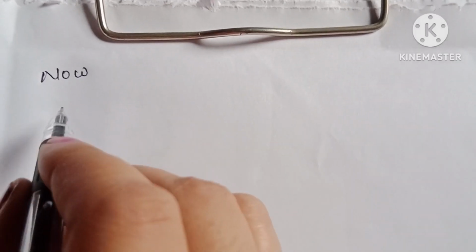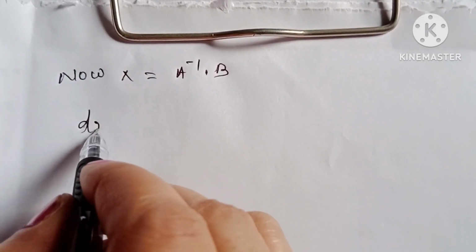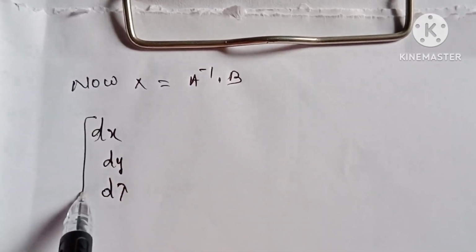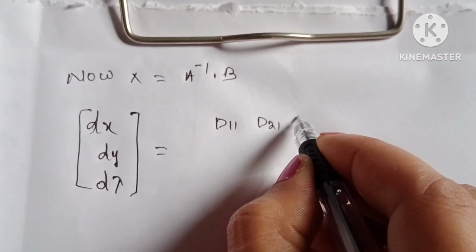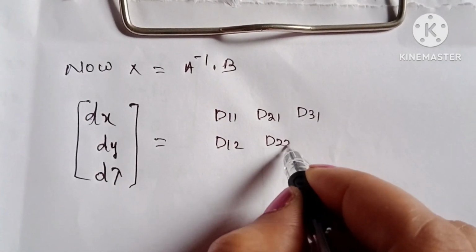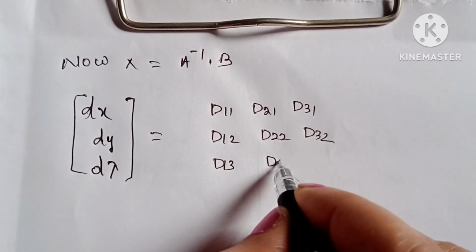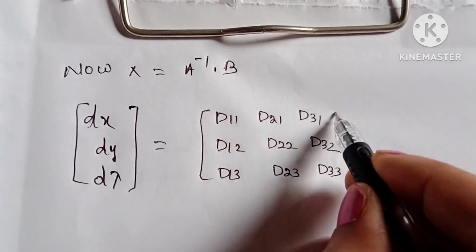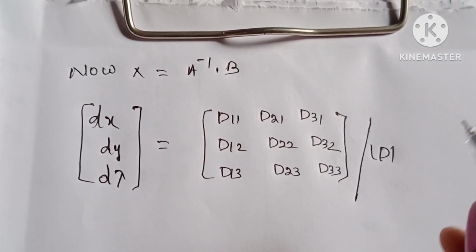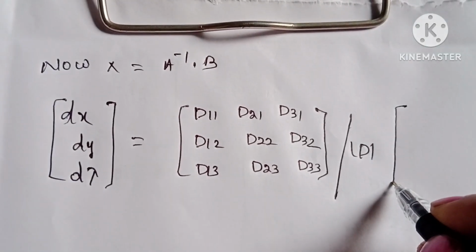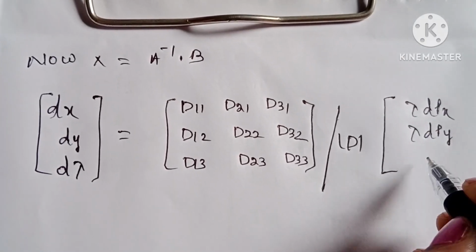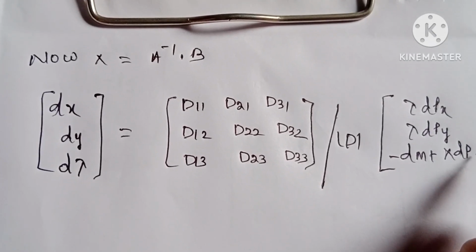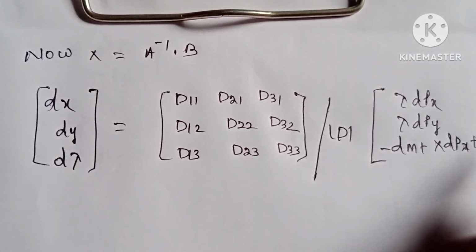Now, X equals A inverse into B. So X is dx, dy, d lambda. So this is equal to A inverse, that is d11, d21, d31, d12, d22, d32, d13, d23, d33, divided by the determinant value of the matrix, and multiplied by B, that is lambda dpx, lambda dpy, minus dm plus x dpx plus y dpy.